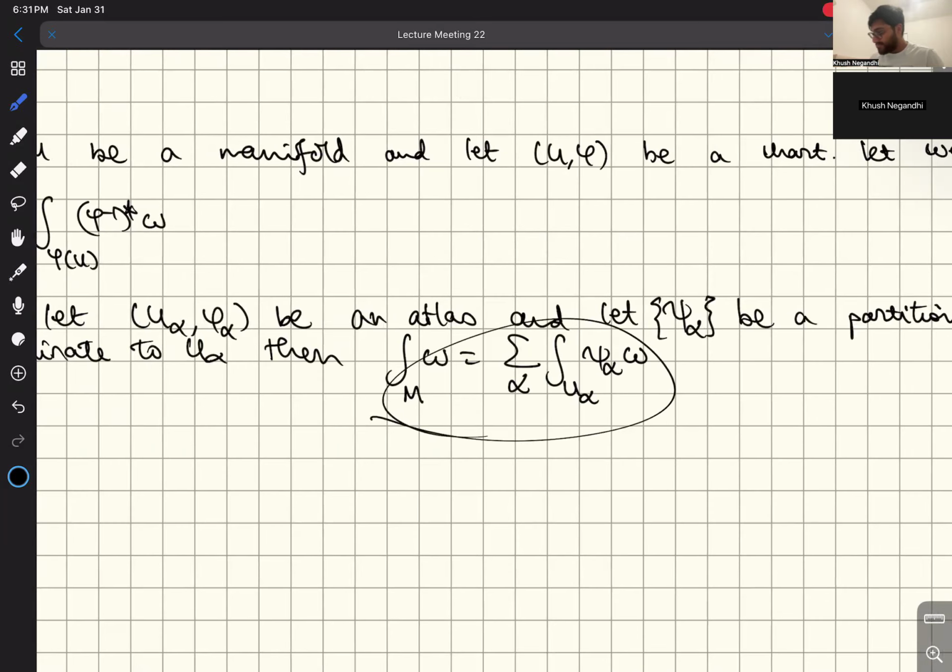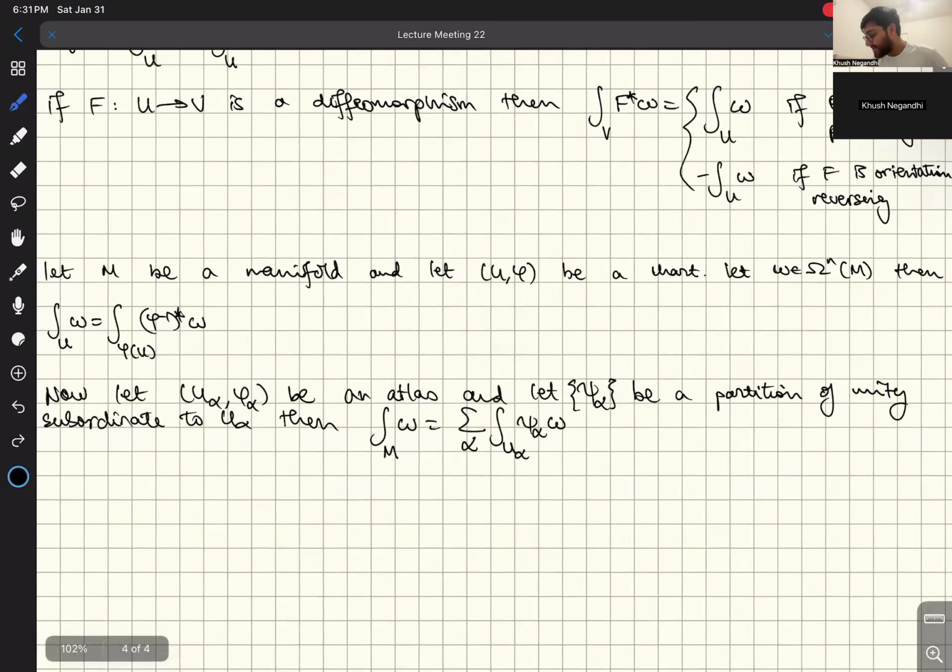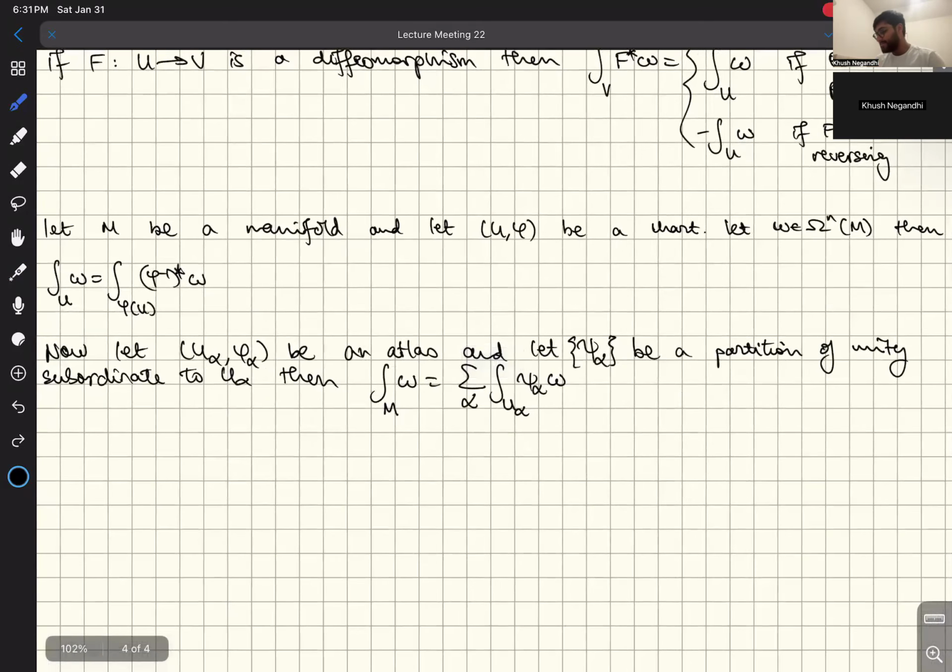And there we have it. This is how you integrate a differential form over a manifold. You take the differential form, an atlas, and a partition of unity subordinate to this atlas, then integrate the product of the partition of unity with this form on each chart, and add them all up, because the partition of unity adds up to one at each point, so you recover what the original integral should be.